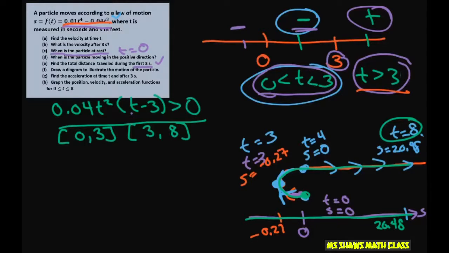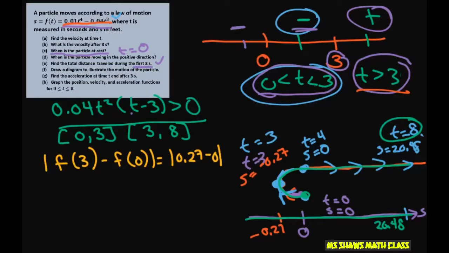So we do the absolute value of f of 3 minus f of 0. We already know f of 3 is negative 0.27, and f of 0 is 0.